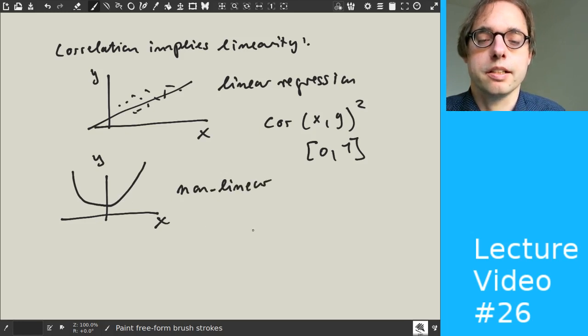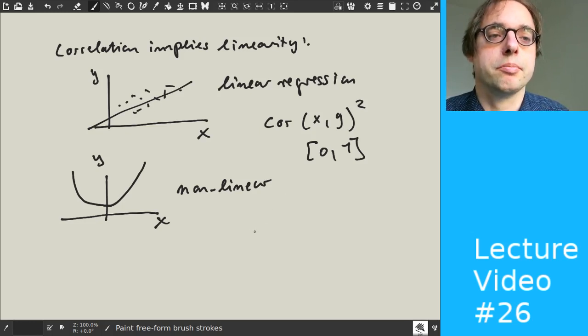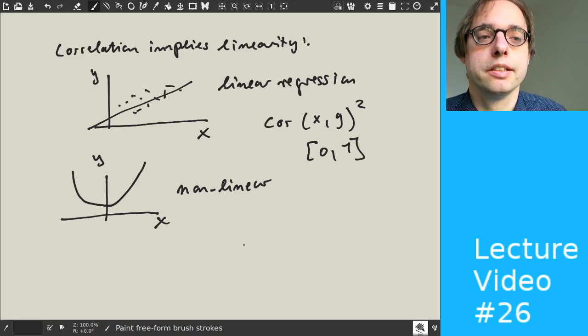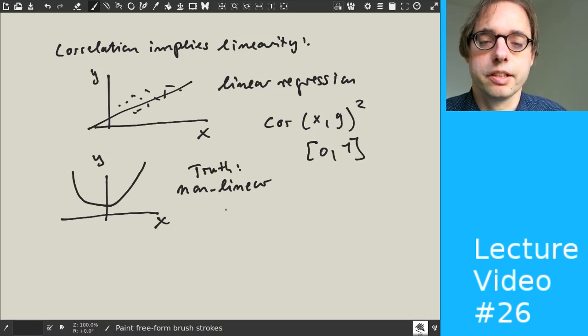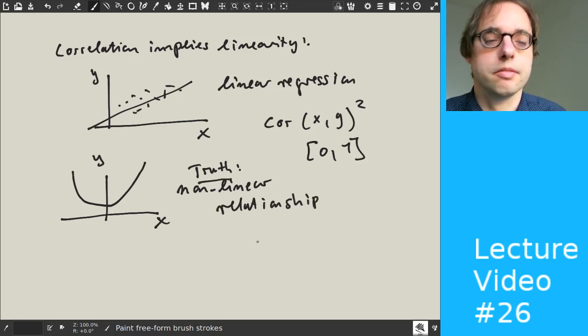And the question is, if we compute the correlation, and that's what you will end up doing when you're a data scientist, you will be computing a lot of correlations. So the truth is that we have a nonlinear relationship, and what does the correlation tell us? What's the correlation?